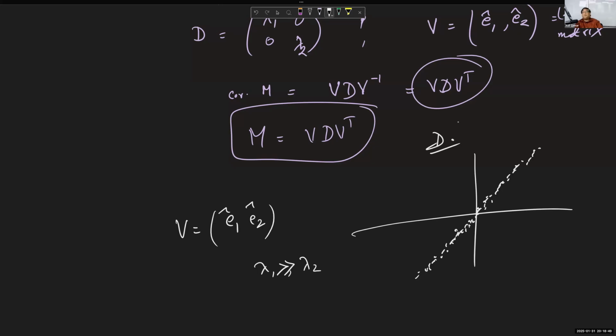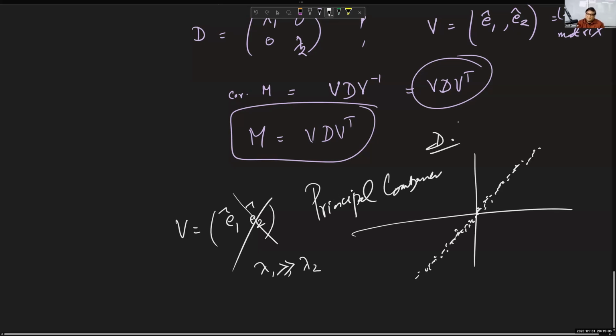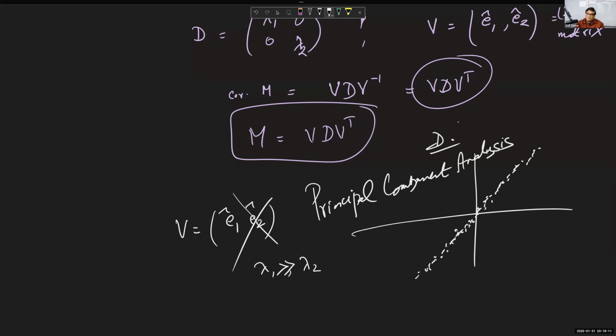And that is when you can say, hey, you know what? Forget the second direction. All I need to know is the value along the first direction. And that is dimensionality reduction. One second. And this dimensionality reduction technique is called principal component analysis. And I believe I have reconstructed more or less the original argument of one of the creators.